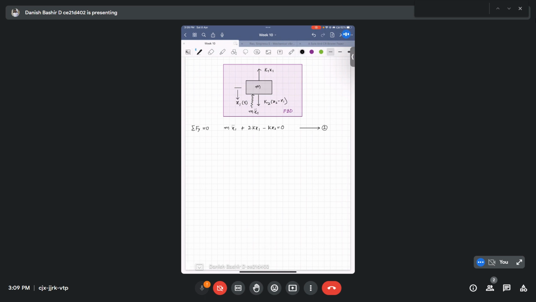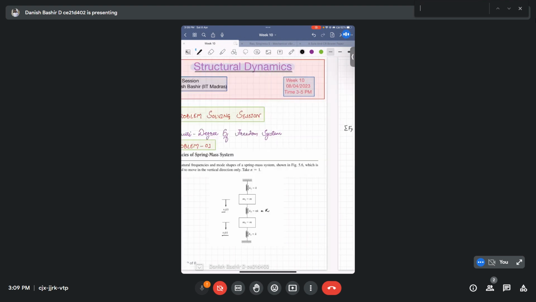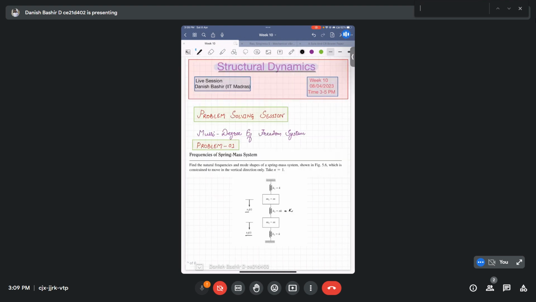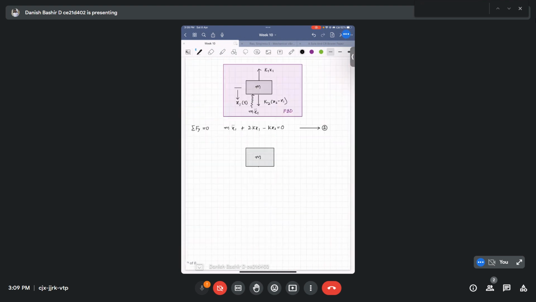And for the second mass, when we write a free body diagram, we have again m, and this spring will be compressed, so it will give a force upwards.